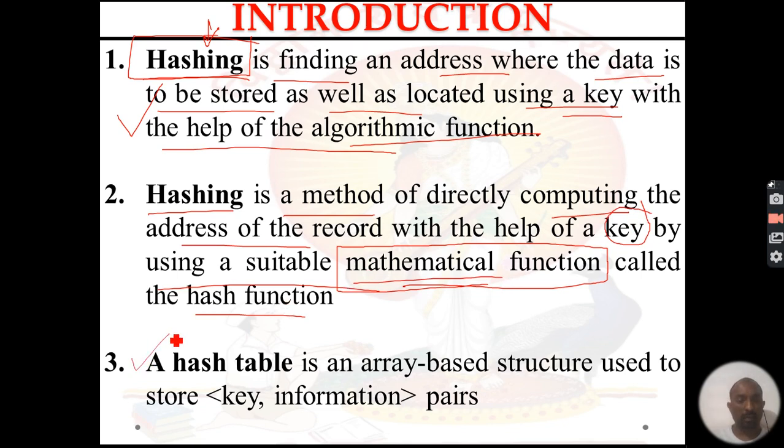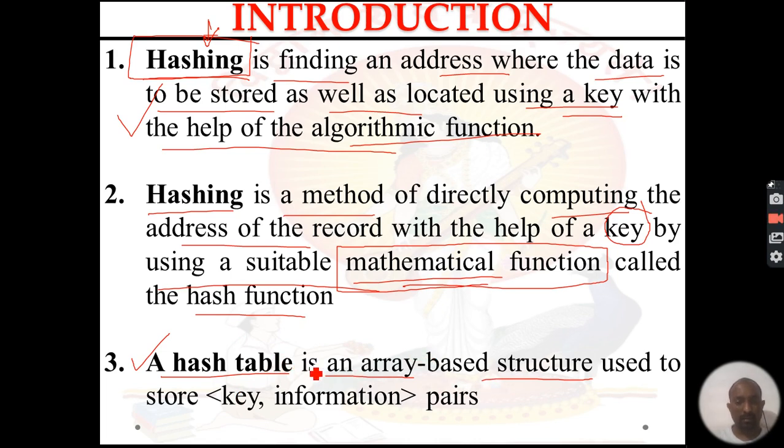Now third point, a hash table. It is an array based structure. Do you know array? Array is a data structure in which you can store similar kind of elements. So the hash table is based on the array data structure.